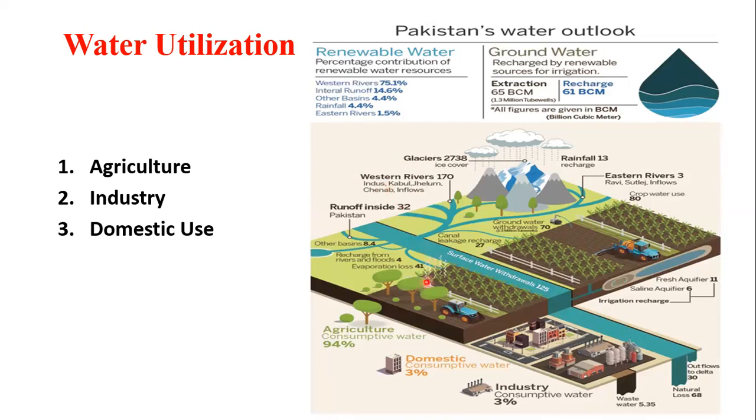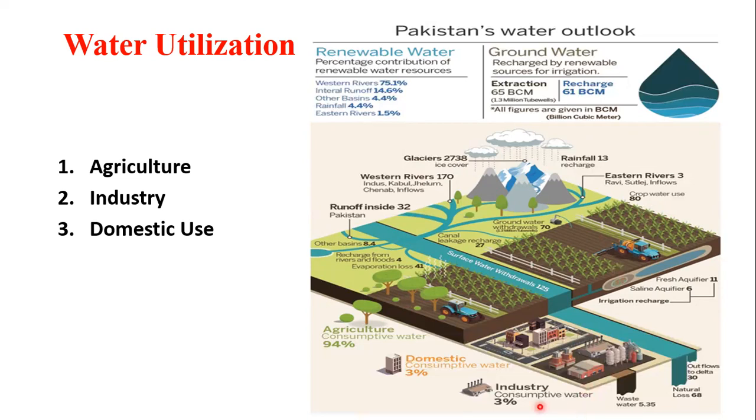Well, now the water utilization. 94% of the water is consumed in agriculture. Clear? Most of it is utilized in main crops, major crops like wheat and sugarcane.